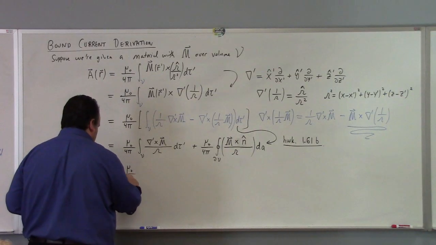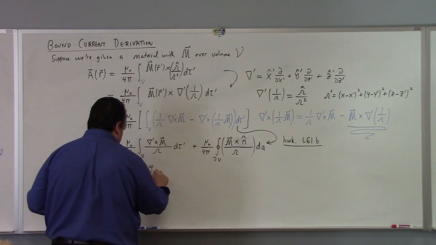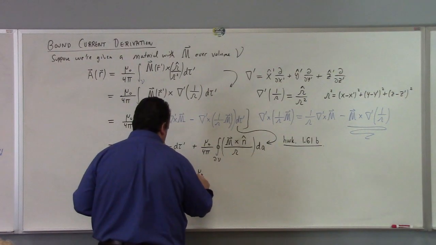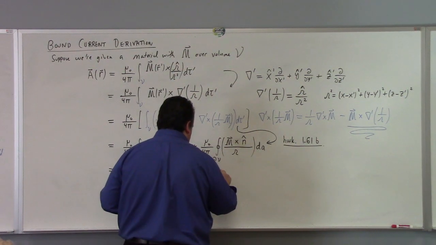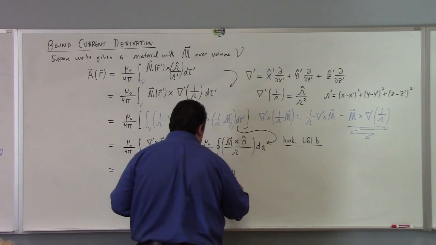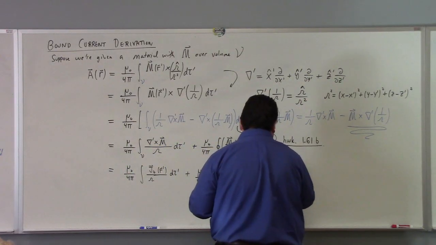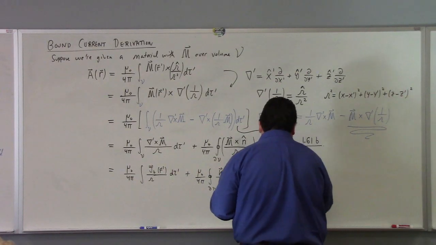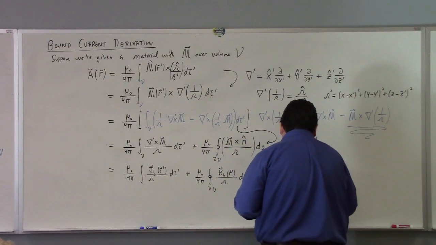But once you do that, then you tilt your head and squint and see that this is mu naught over 4 pi, the integral of J_b over script r, d tau prime, plus mu naught over 4 pi, the integral over the boundary of the volume of K_b at r prime divided by script r dA, where we have defined the bound current density as the curl of the magnetization and the bound surface current density as the magnetization crossed with the unit normal.